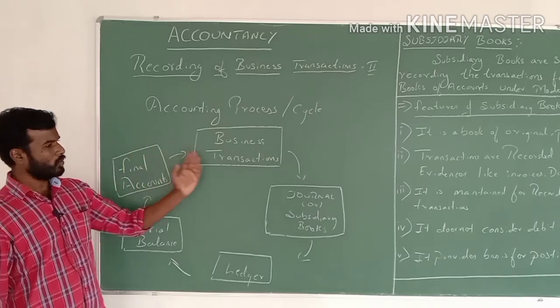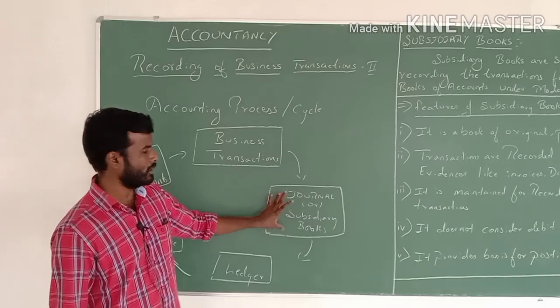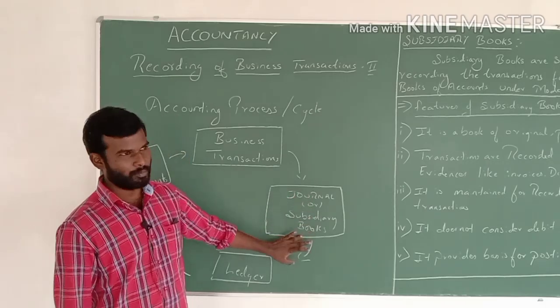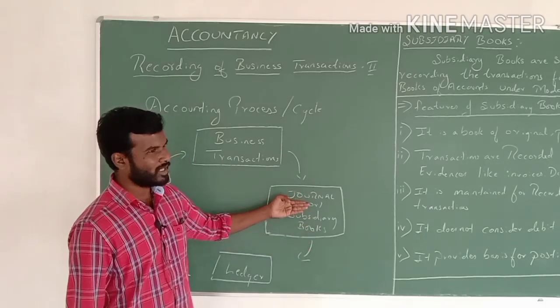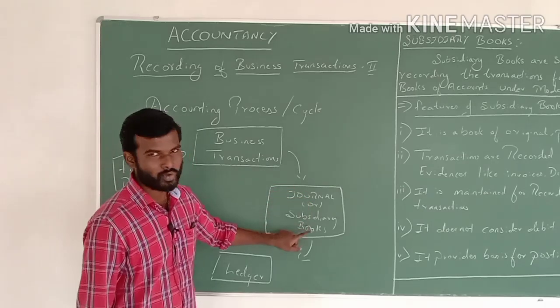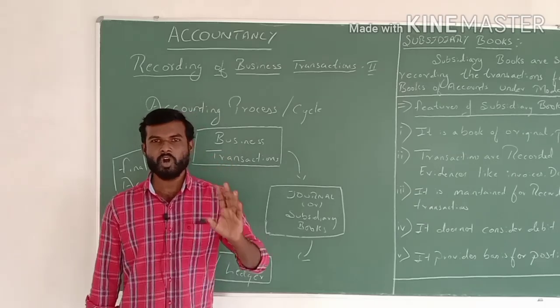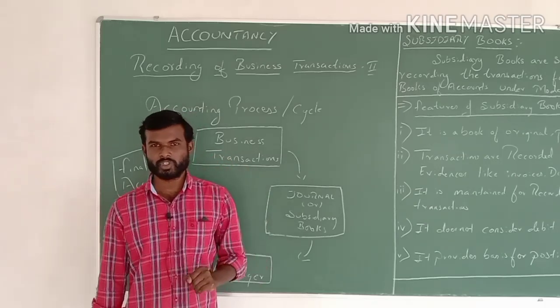While coming to the journal or subsidiary books, this is the major concept we need to discuss here. Why can't we record all the transactions in the journal itself? Why do we need to move to the subsidiary books? Journal means a recording of business transactions in chronological order.